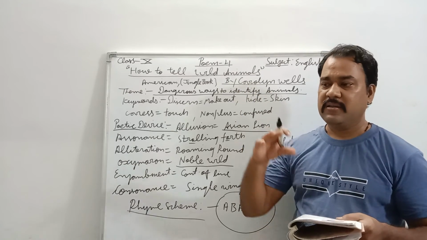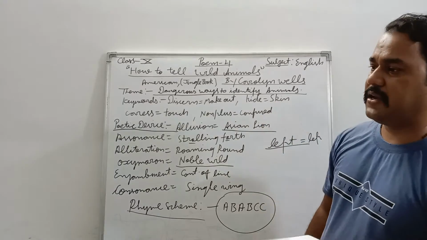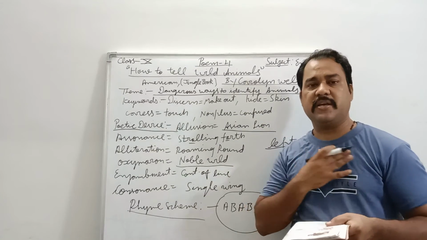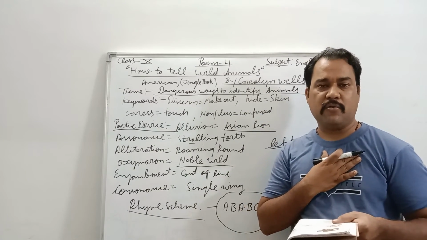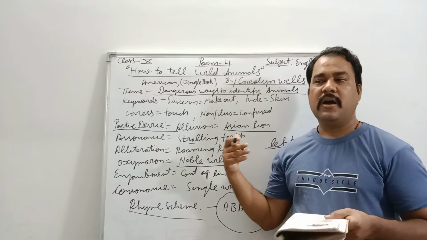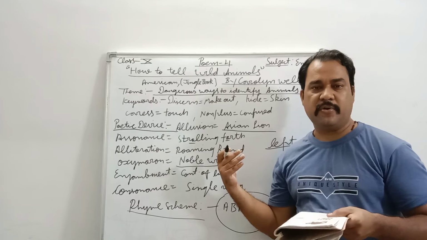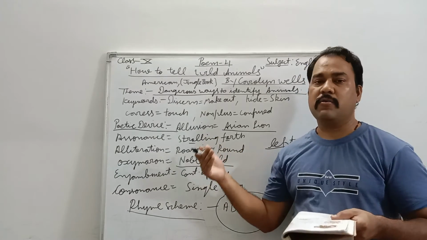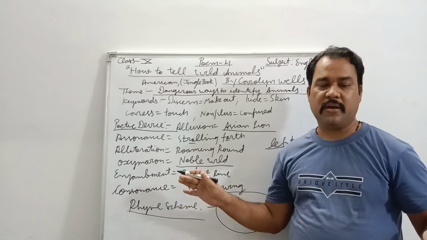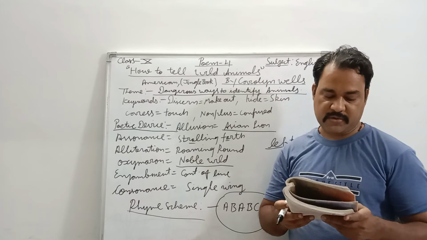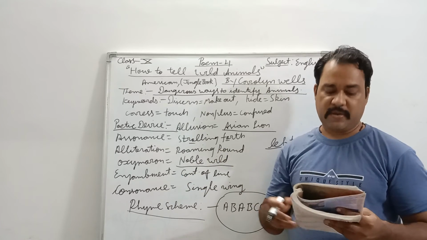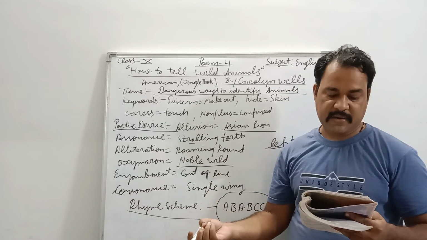It means to say, the chameleon has the quality of changing its color according to its habitat, according to its place. It adapts its body's color according to the trees where it lives. It has that quality. So therefore the poet has mentioned that line.